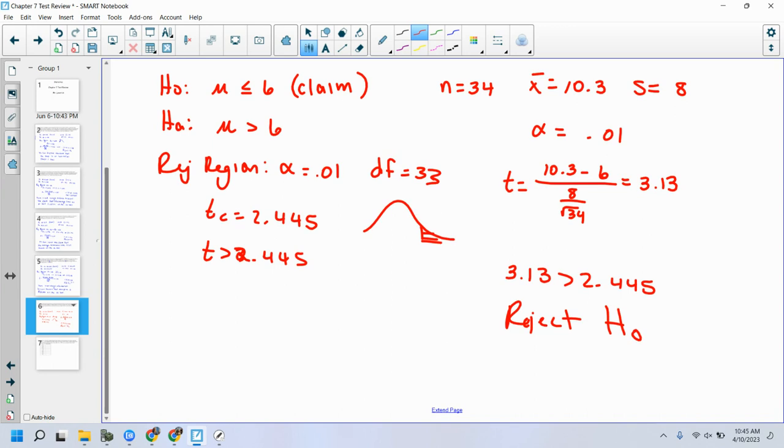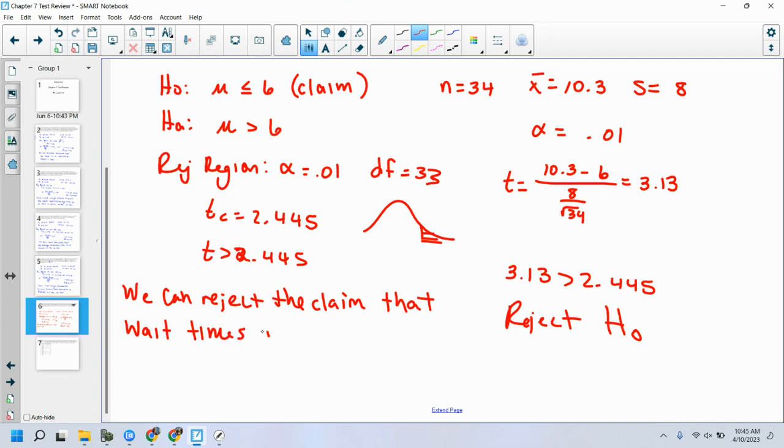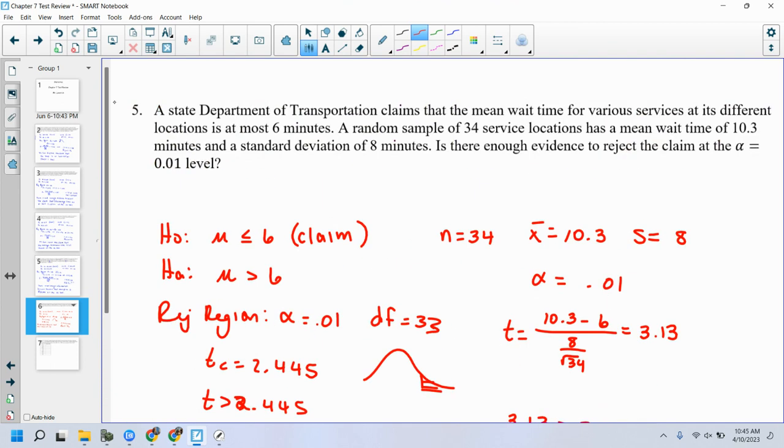Okay, so we can reject the claim that wait times are, what did I say? What was the statement?